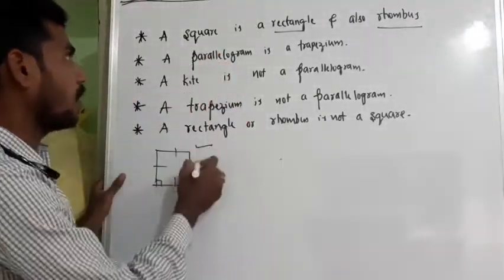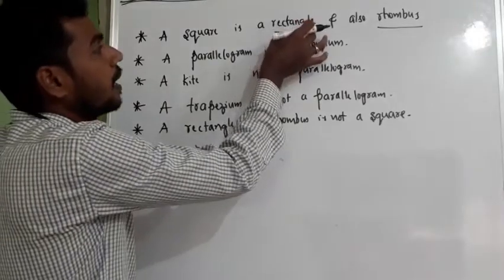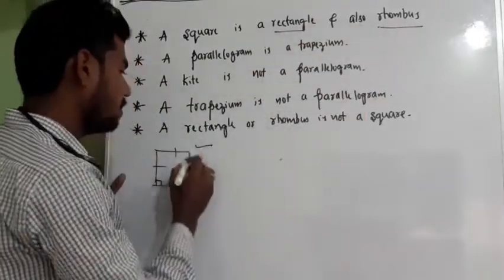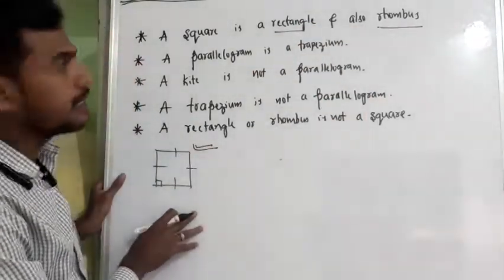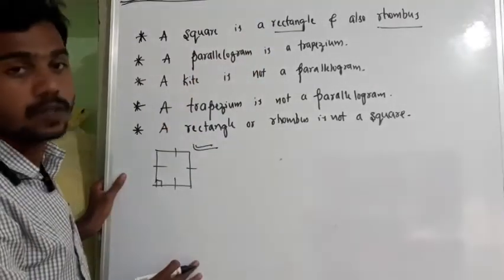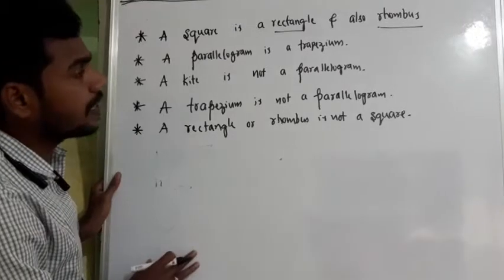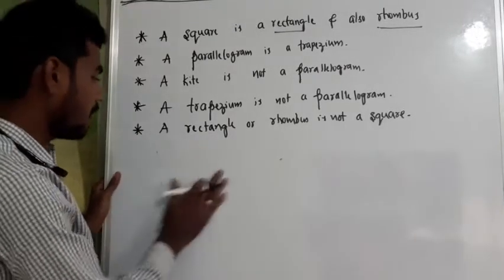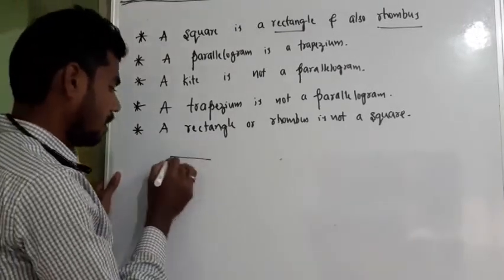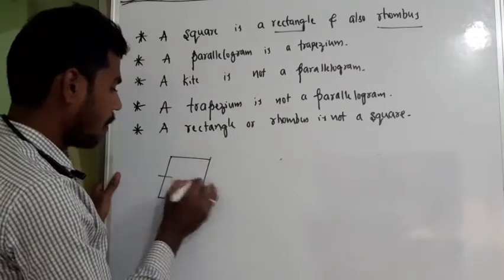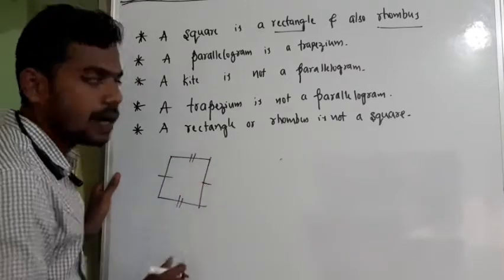So in a square, both the rectangle and rhombus properties are satisfied. That is the reason a square is a rectangle and also a rhombus. Next, a parallelogram is a trapezium. See, this is a parallelogram wherein opposite sides are equal and parallel.